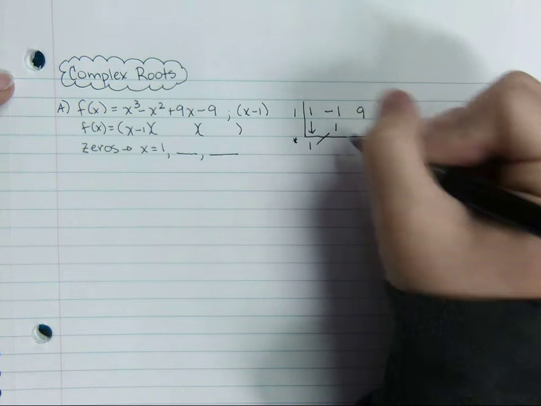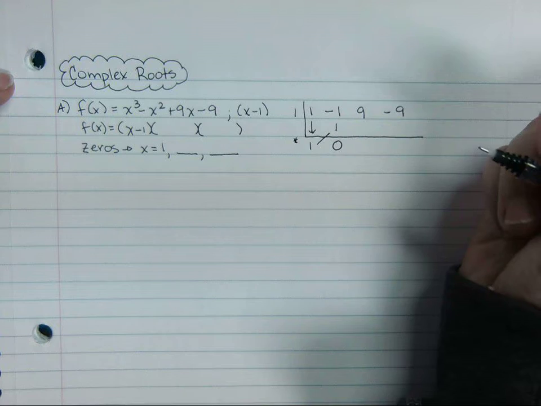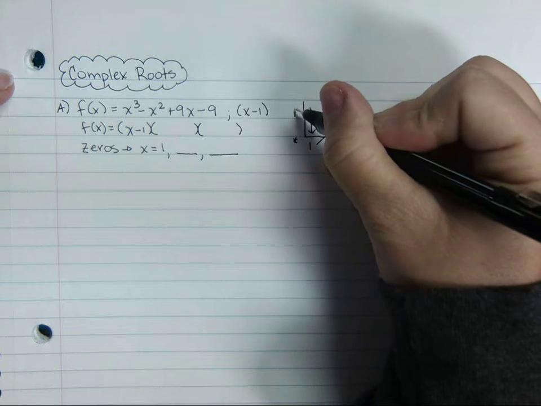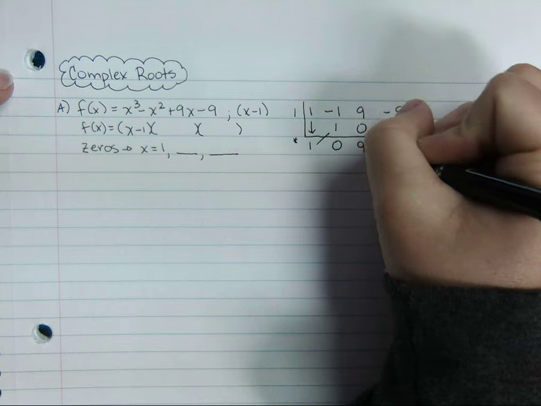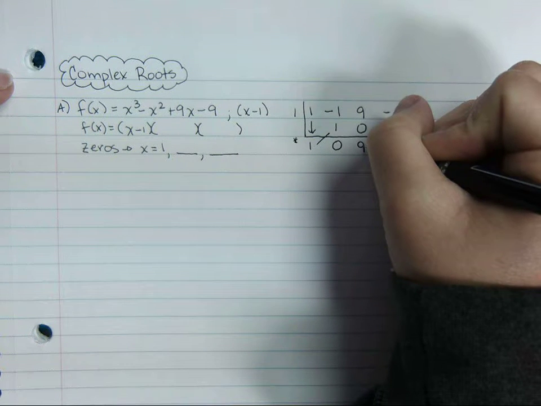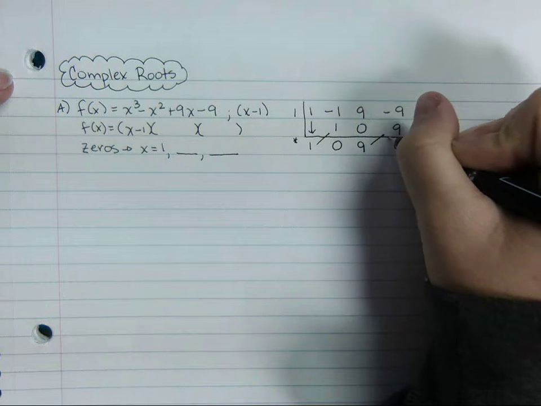So bring the 1 up, and when I add vertically, I get 0. And that's okay. 1 times 0 is 0. Again, when I add vertically, now I get the 9 that I'm going to need to bring up to have my 0 as my remainder.